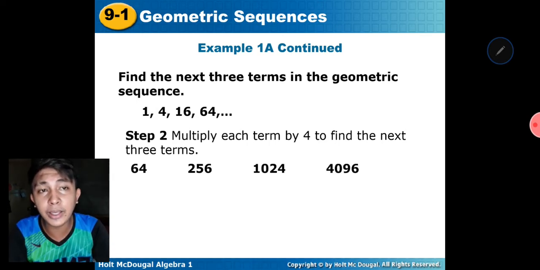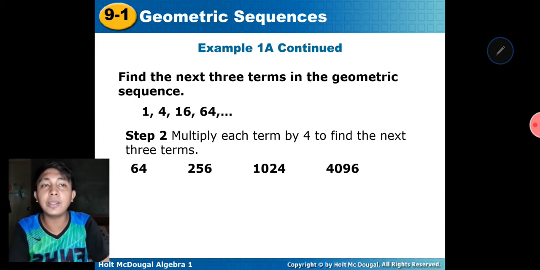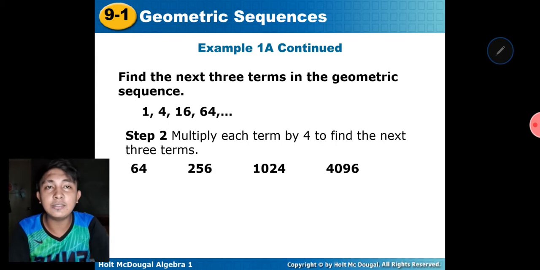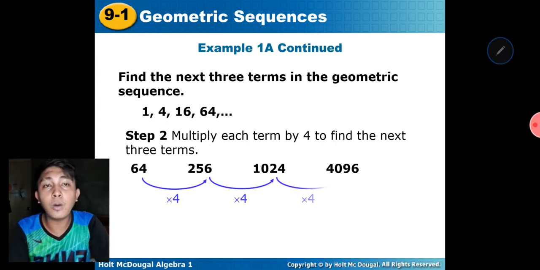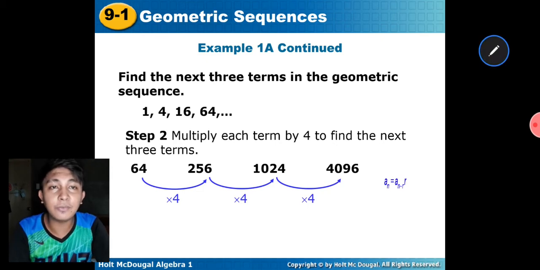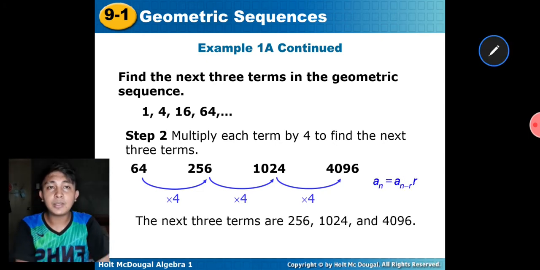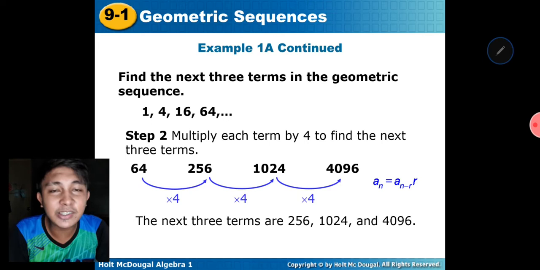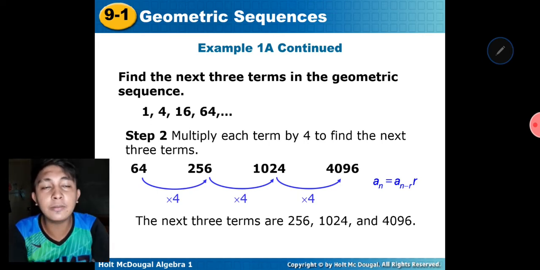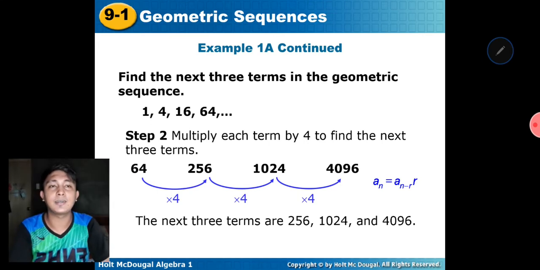Multiply it to 4, we have 1024, and multiply it again to 4, we have 4096. So the next three terms in the geometric sequence 1, 4, 16, 64 are 256, 1024, and 4096.